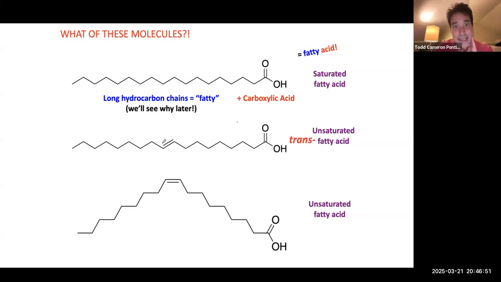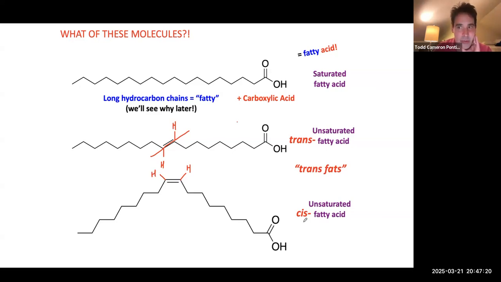The first one is a trans fat. It has hydrogens located on opposite sides of this double bond. Therefore, it is a trans conformer. The other one is a cis fat because the hydrogens are located on the same side.